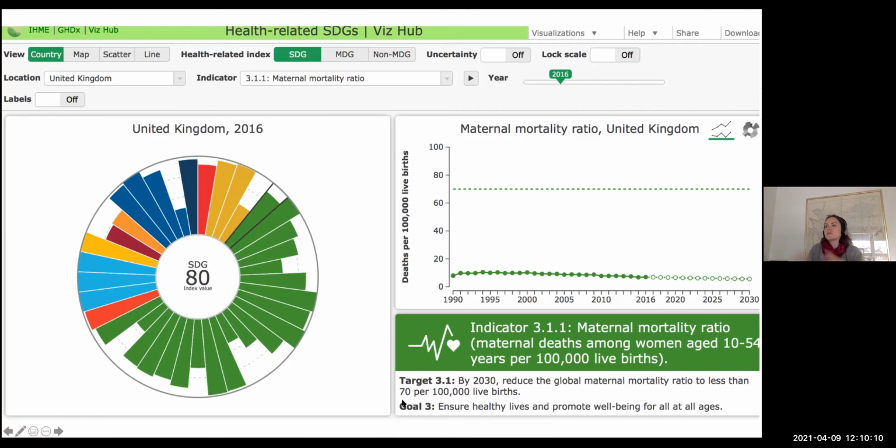You can even go back to how do we decide the goals for the SDGs? That's a completely different presentation. But all of those stories come together when you see a visualization like this. So it's not just about how well is the United Kingdom doing on the maternal mortality ratio. There's a lot of other stories that are embedded in this type of visualization.